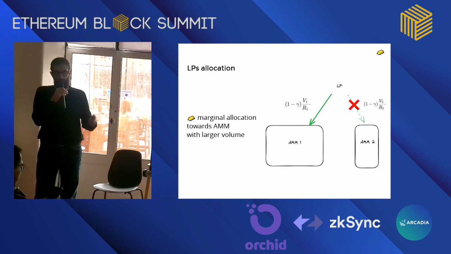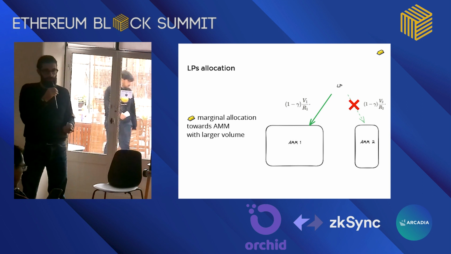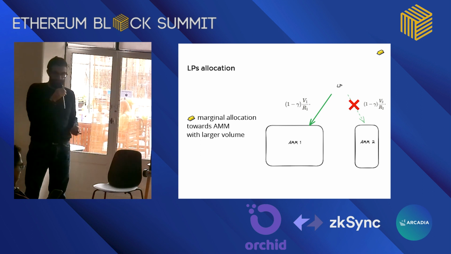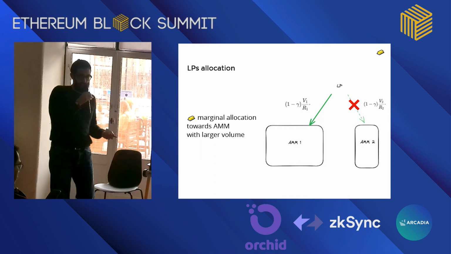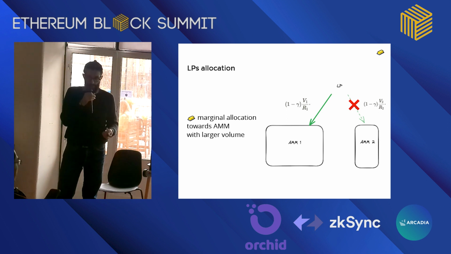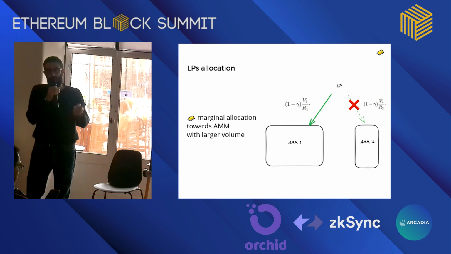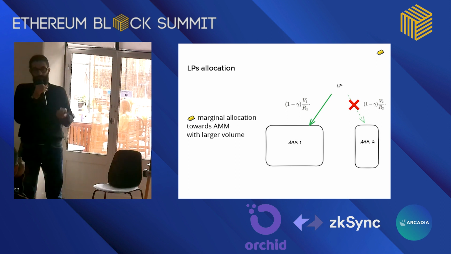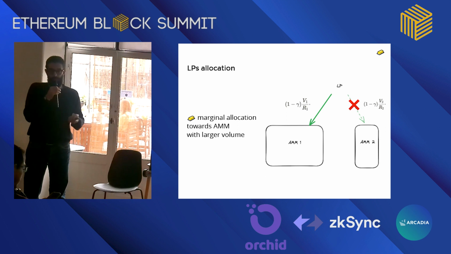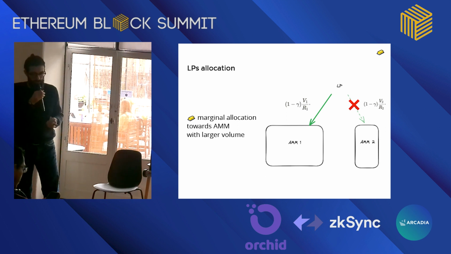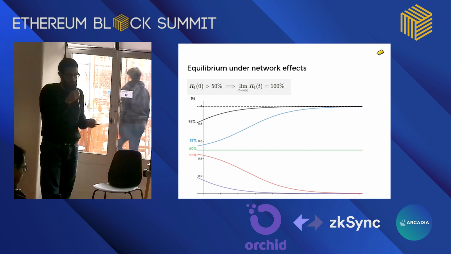So it's a bit harder to find results on what they would do. But basically, we show that with these two allocation games, you end up with swappers at least having a slight preference for the AMM with larger reserves, larger liquidity.